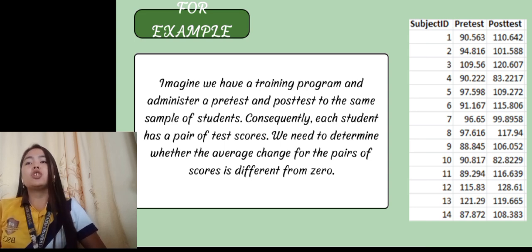Imagine we have a training program and administer a pre-test and post-test to the same sample of students. Consequently, each student has a pair of test scores. We need to determine whether the average change for the pair of scores is different from zero.